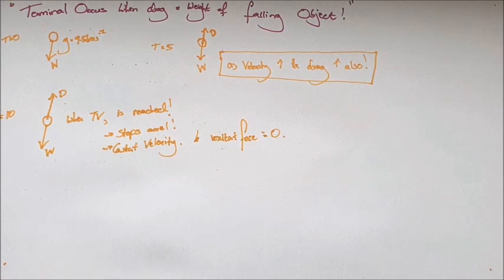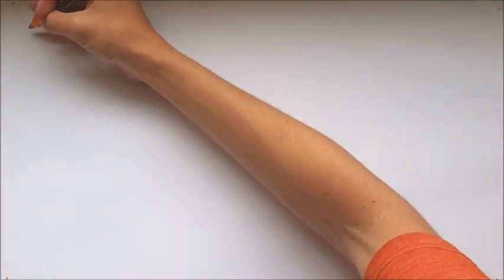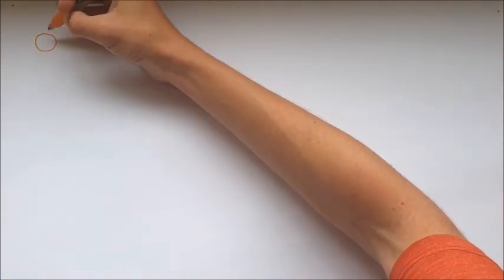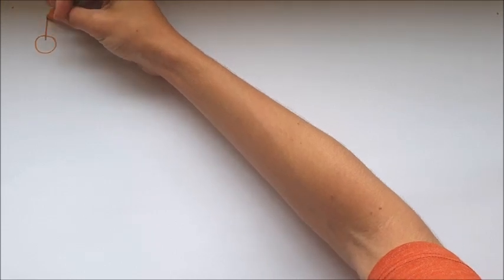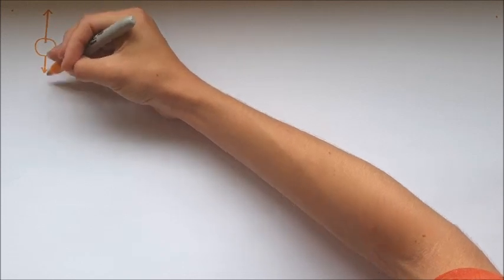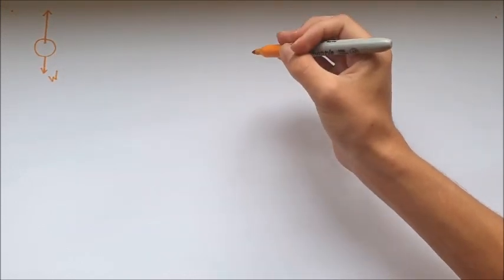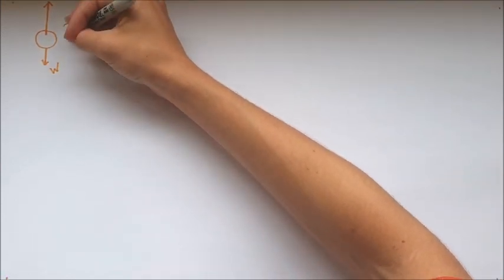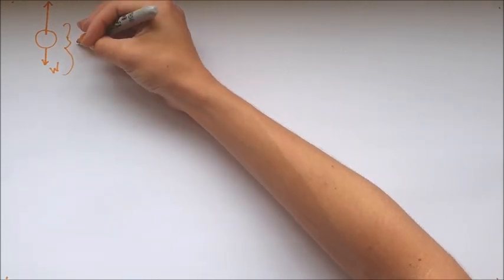So, what will happen when the parachute opens, or the parachutist opens his parachute? Well, the air resistance acting on the parachutist will be much higher or larger than the weight acting downwards. This will therefore slow his velocity.